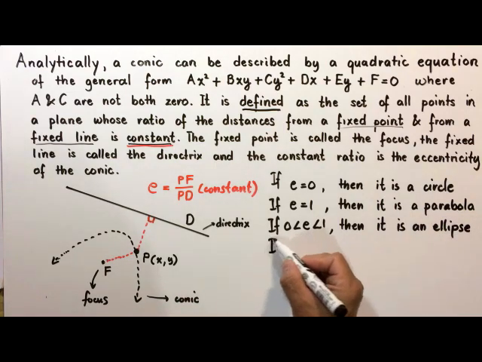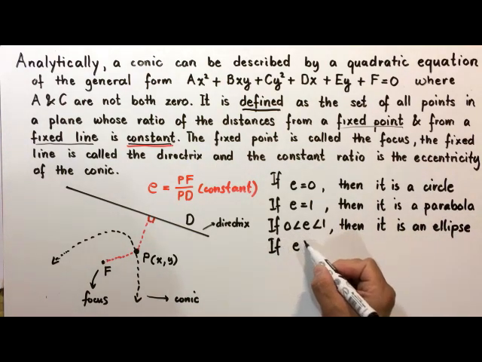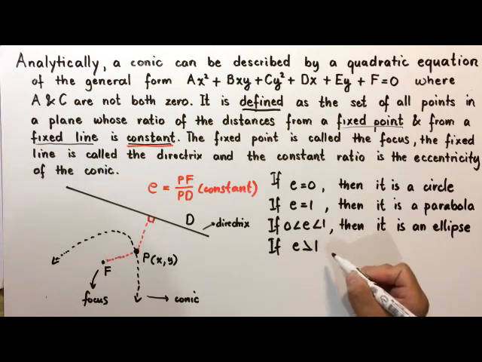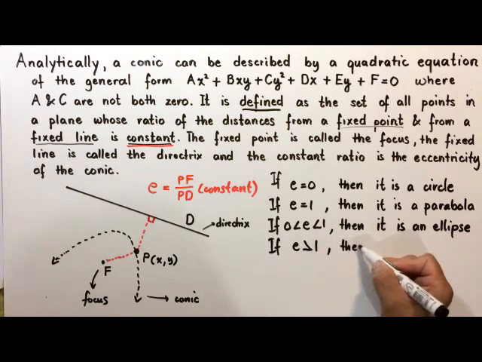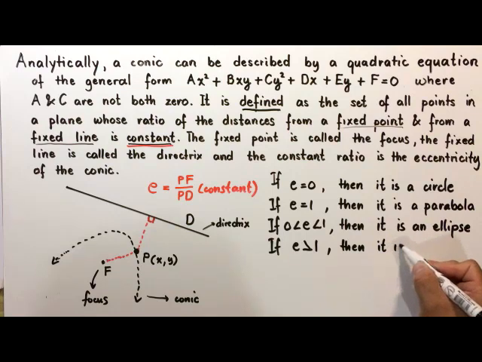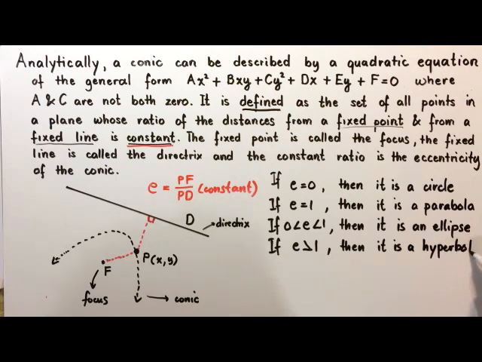If also the eccentricity is greater than 1, then the conic is what we call a hyperbola. So different values, different ratios from the fixed point and its distance from a fixed line.